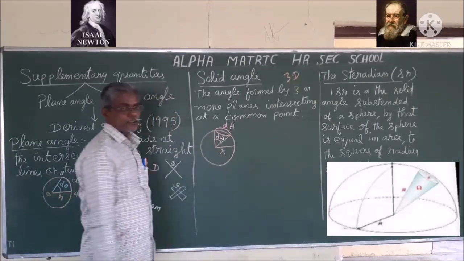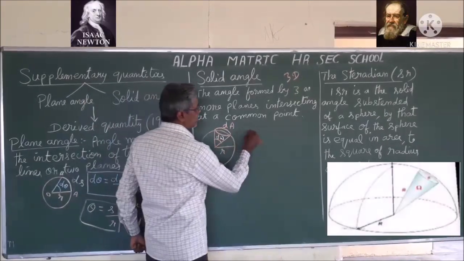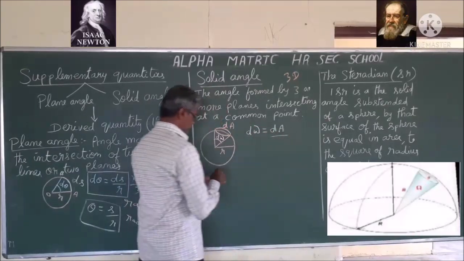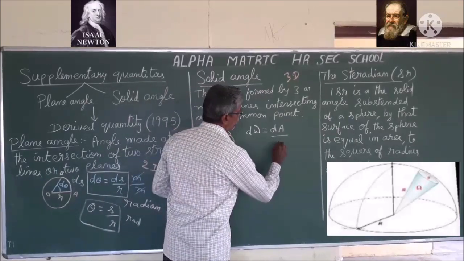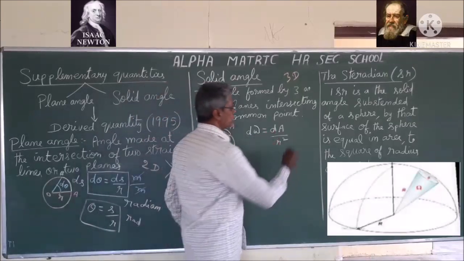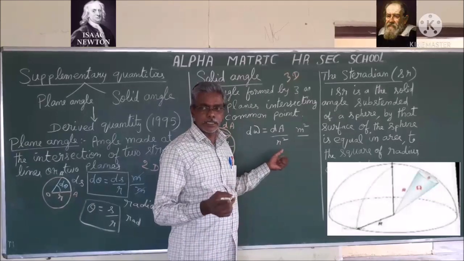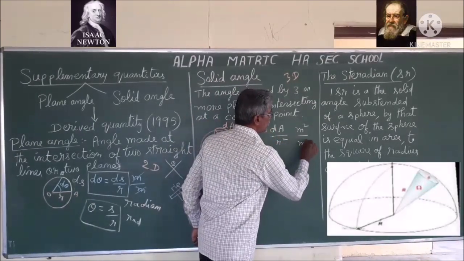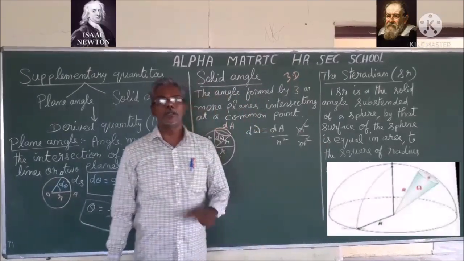So now I can define this d omega is equal to dA by r square. The unit for area is meter square and for radius it is meter. We are having 2 radius, so meter into meter, so we will be getting meter square. This m square and m square will be cancelled. So no unit.